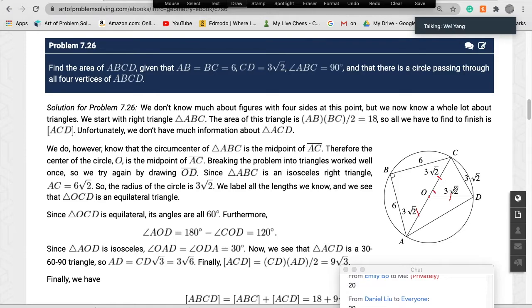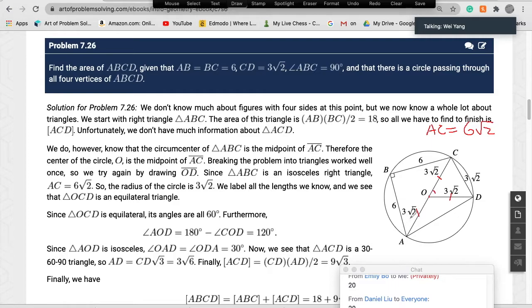Because we know BC equals 6, AB also equals 6. So then we use the Pythagorean theorem, we can get AC equals 6 times root 2, right? Then OC will be half of this, that will be 3 root 2.